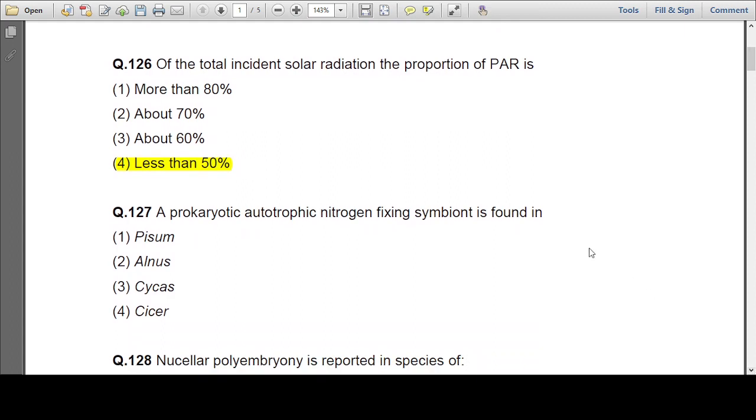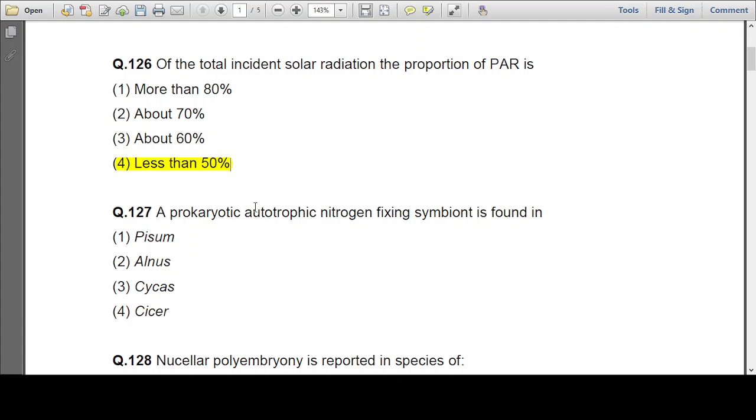A prokaryotic autotrophic nitrogen fixing symbiont is found in. Now read it very carefully: a prokaryotic, then autotrophic, and then nitrogen fixing, and then symbiont. There are lots of terms.